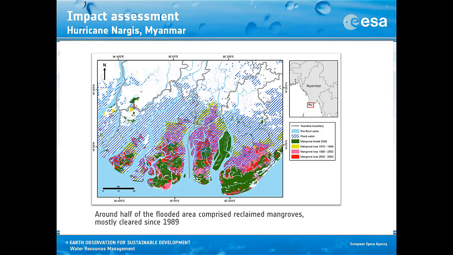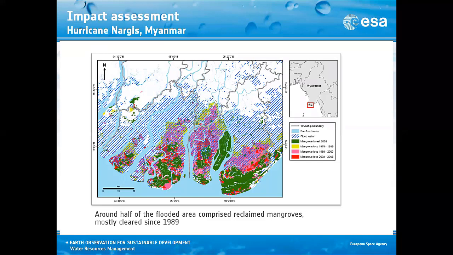So if we look at other parts of the world, it can be shown how mangroves actually can act as a buffer against tropical hurricanes. But as the mangroves were cleared in the Irrawaddy Delta, this buffering was lost, and the 3 to 4 meter high surge, which was generated by Cyclone Nargis, easily flooded the largely unprotected paddies and people living along them.